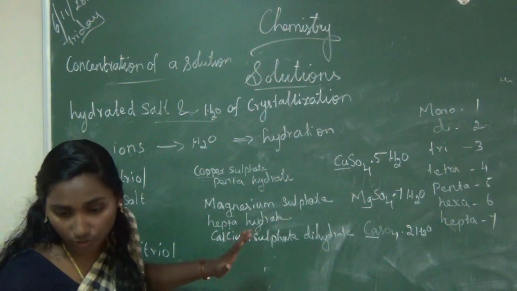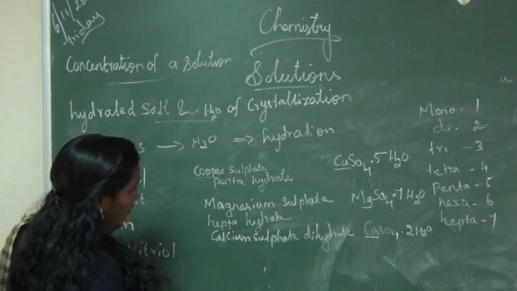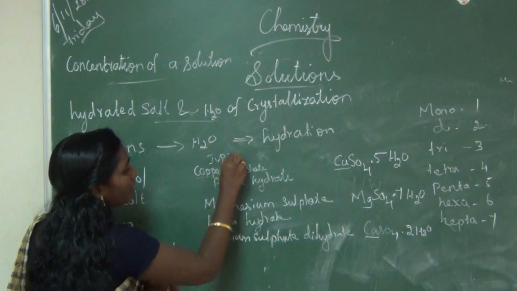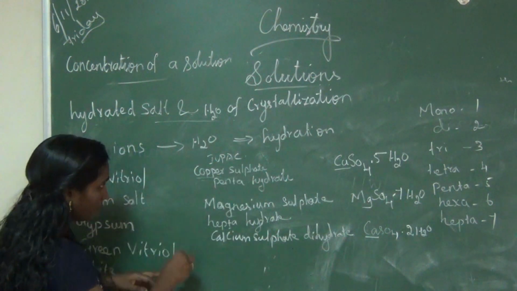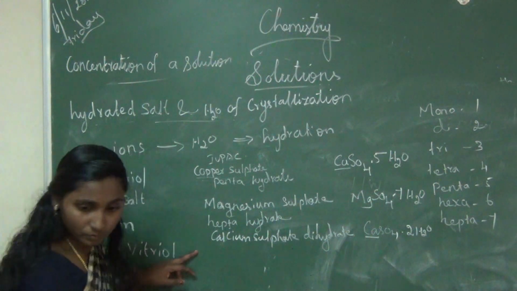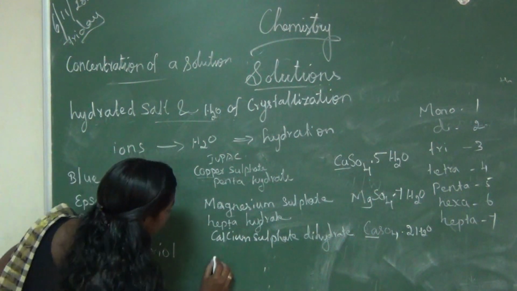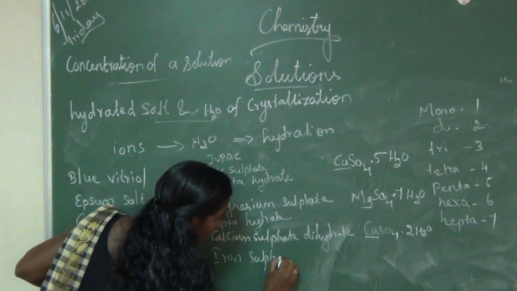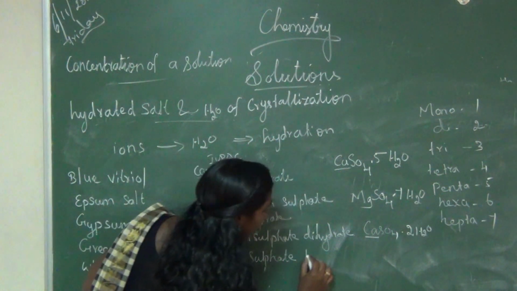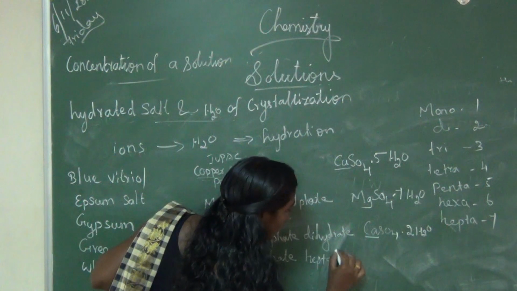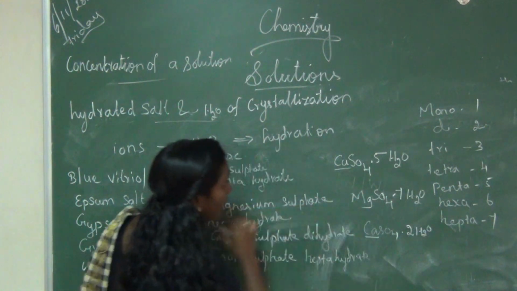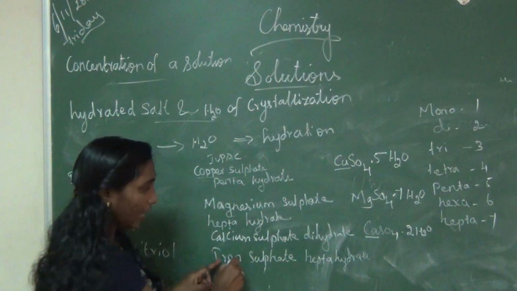Then green vitriol. The IUPAC name of green vitriol is iron sulfate heptahydrate. Can you write the molecular formula?